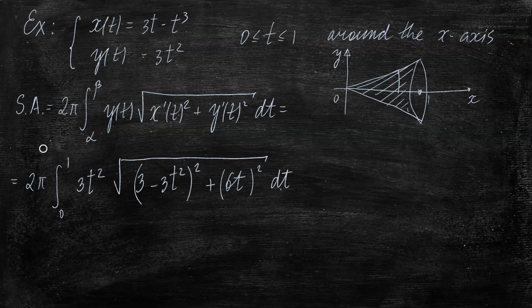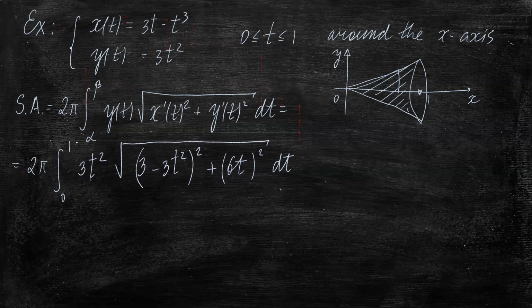And now we have to integrate it. So a lot of times when technology is available, we'll just throw it into the calculator. But in this lesson, I'm just going to do it by hand. So let's take out 3 and let's focus on the radical.